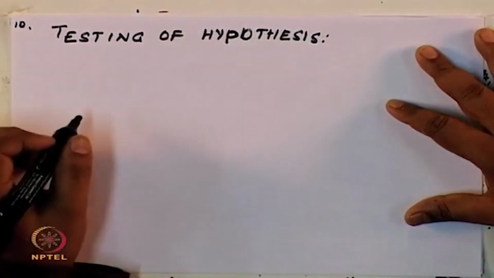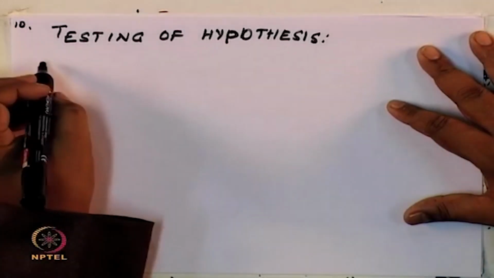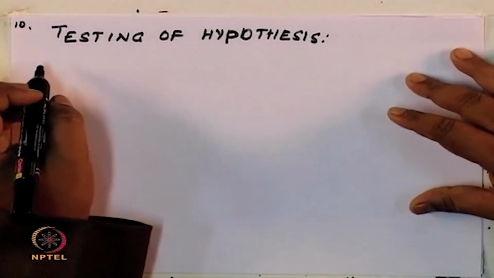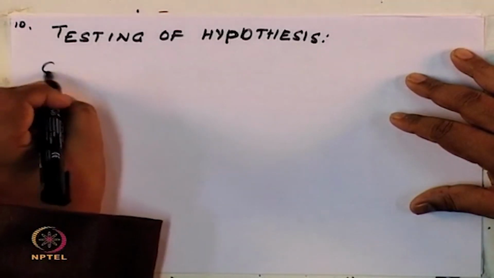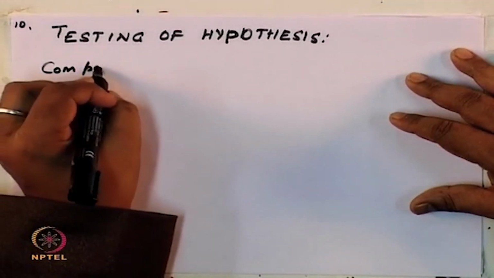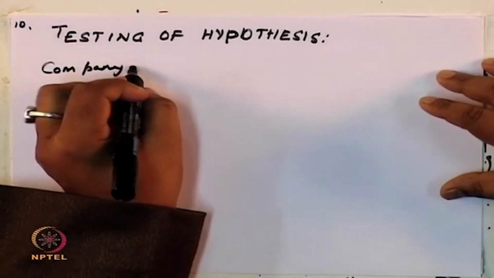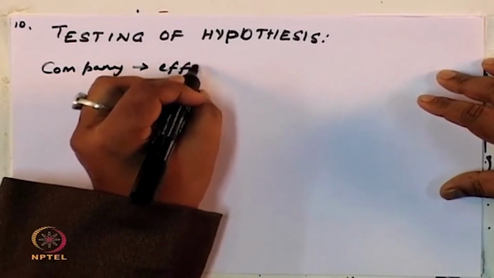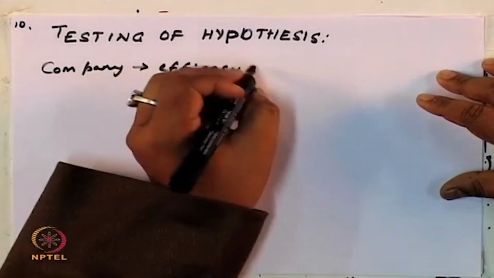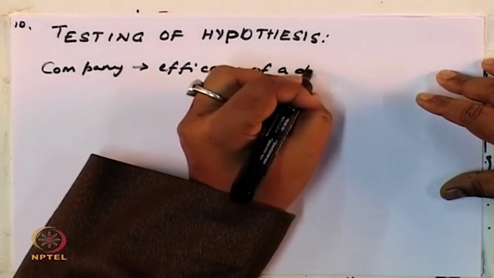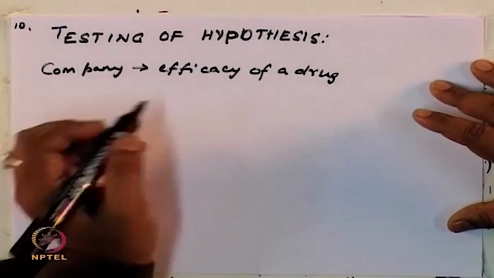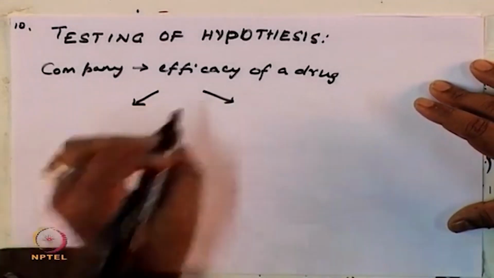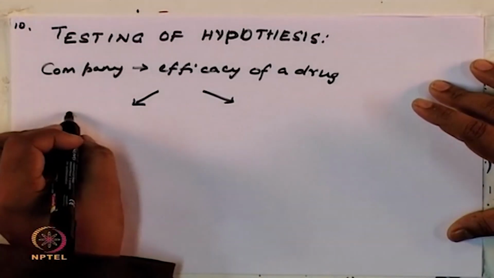So, imagine a pharmaceutical company deciding on developing a drug, a company which tests the efficacy of a drug. And imagine that this particular efficacy is tested in 2 countries or two different scenarios, or by 2 different groups.